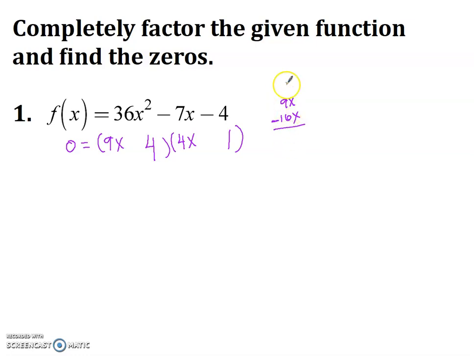If I add those together, that'll give me the negative 7x for the middle term. So that means this 4 has to be a negative, because that'll give me negative 16, that'll give me positive 9, which will add up to that negative 7x. So this right here is the completely factored form.